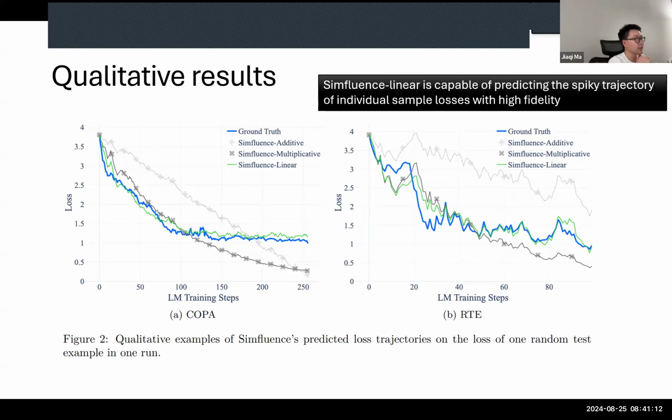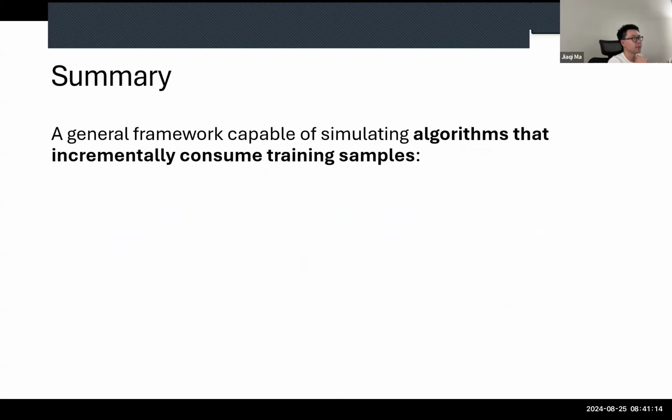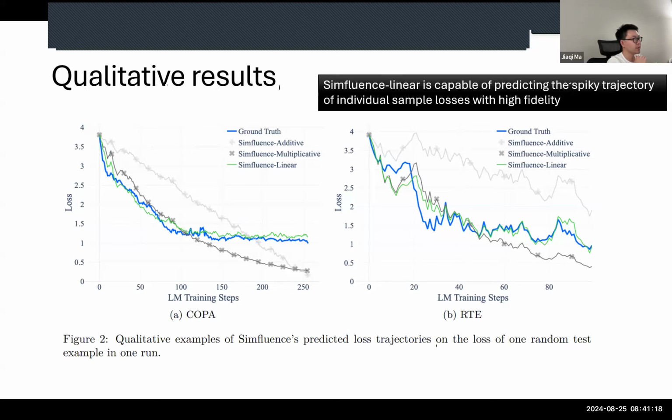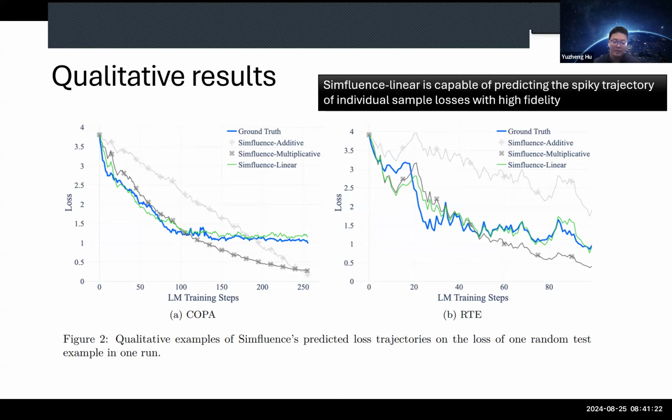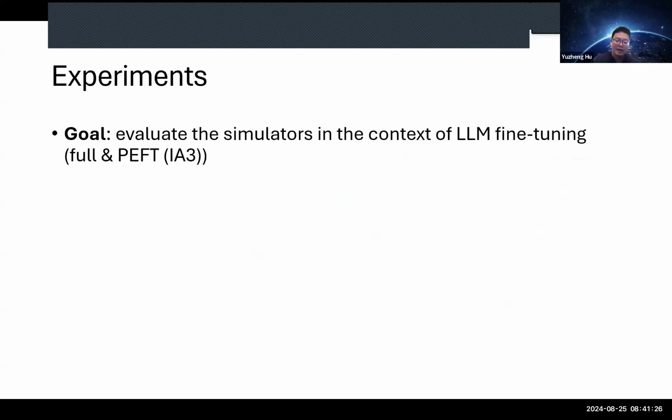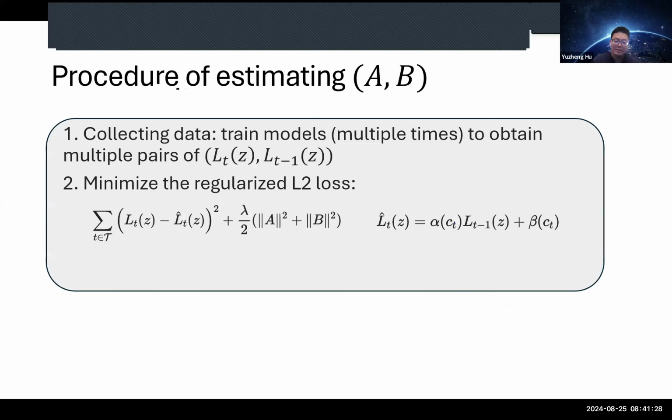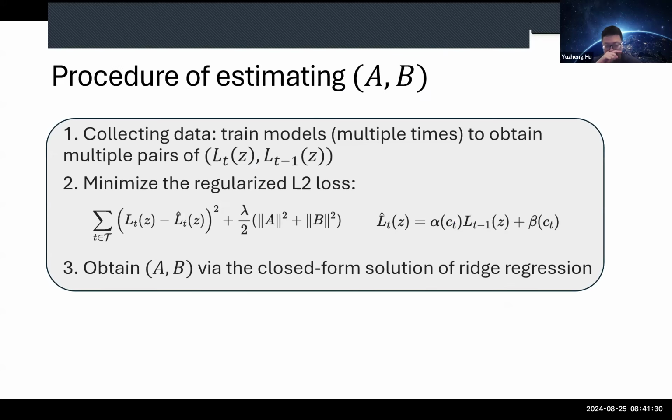I see. I guess another question is, roughly how many training runs are required? Yeah, this is a good question. I think we can have some intuitive understanding by looking at this linear regression problem.